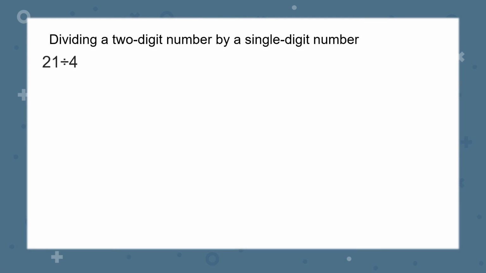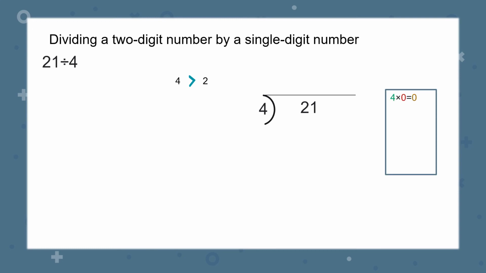Next sum we will solve 21 divided by 4. Your dividend is 21 and divisor is 4. So we will write 21 below the splitting line and 4 in the curved line. Now we will say the 4 times table as the divisor is 4. But here 4 is bigger than 2. So we will take 4 zeros are 0, 4 ones are 4.